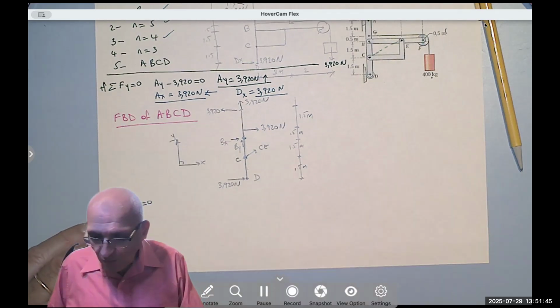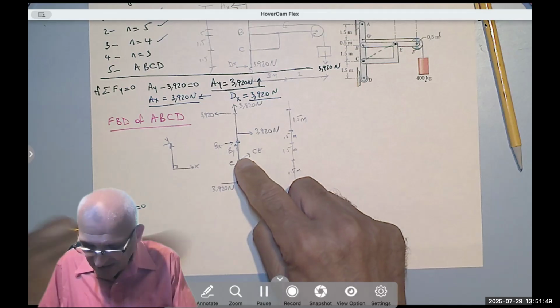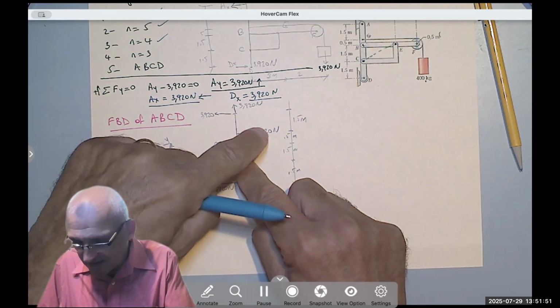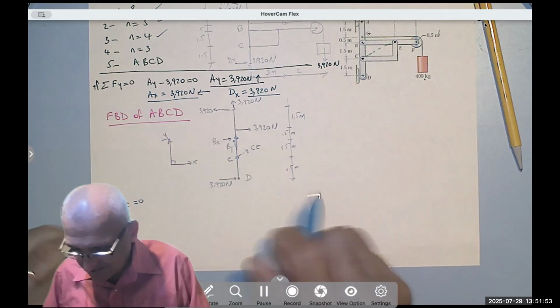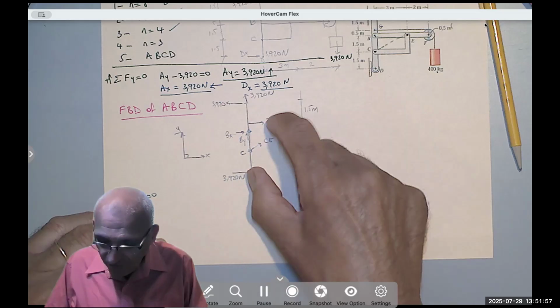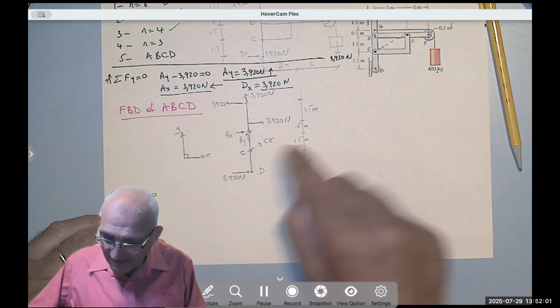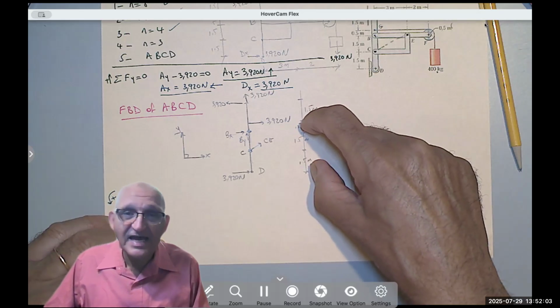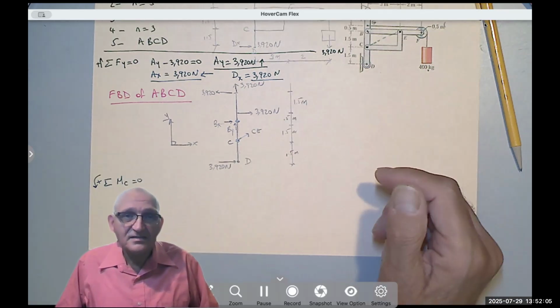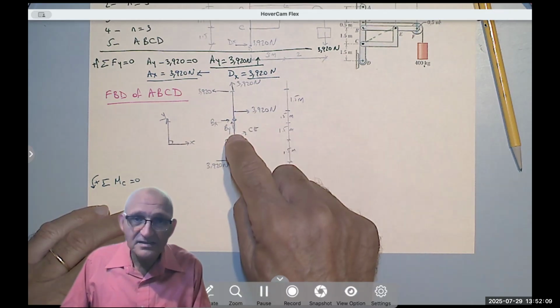Okay, so now how many forces rotate about C? I have this guy, this guy, this guy, and that guy. Four things. Notice that these two form a couple. So I can multiply 3920 by the distance, which is 3.5, and that's it. I don't have to say this times that and this times that.